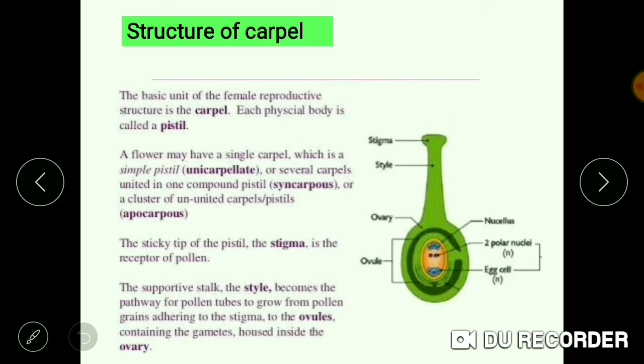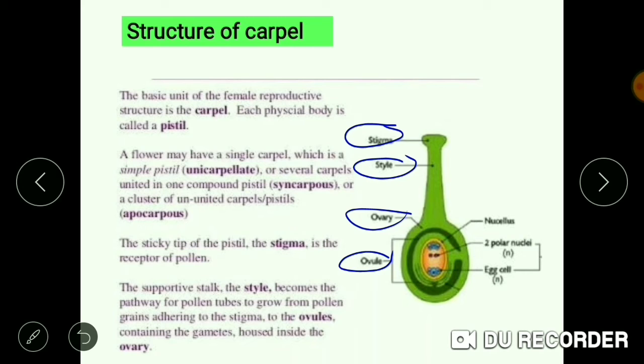Carpel is the female reproductive part of the flower. It is divided into three major parts: stigma, style and ovary. Stigma is the uppermost part of the carpel which receives the pollen grain, and style is that elongated portion. Ovary is the bottommost part which is swollen and it consists of ovule.